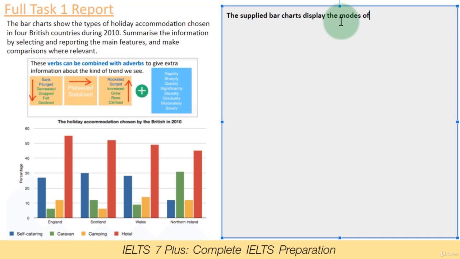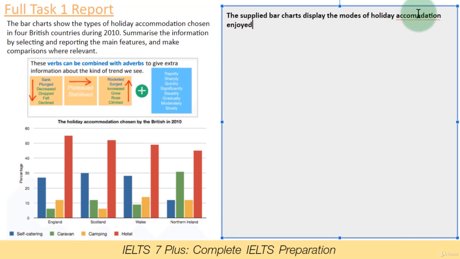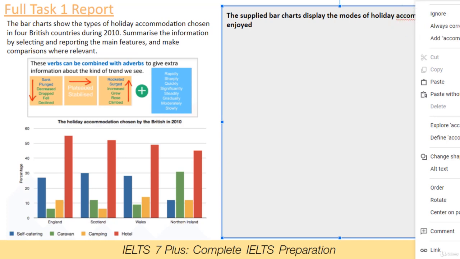The modes I'm going to use of holiday accommodation. Enjoyed, I will say. Enjoyed, it doesn't have to mean that they, let's change this, sorry, accommodation. Enjoyed, I still spelled that wrong. How did I spell that wrong?